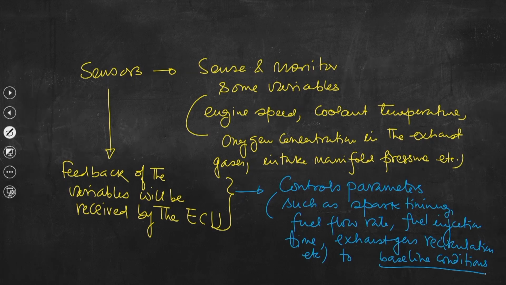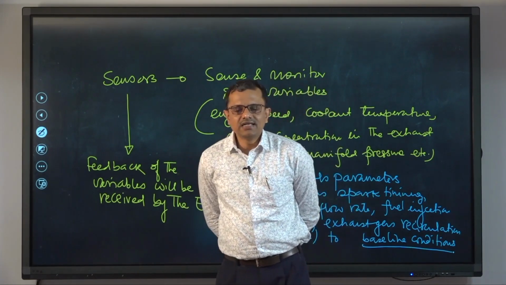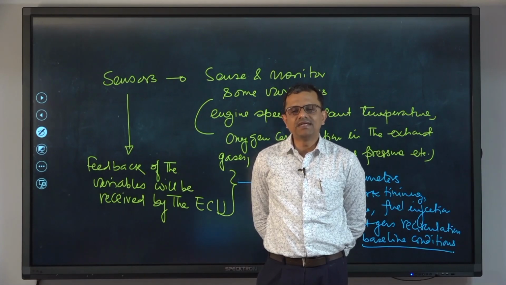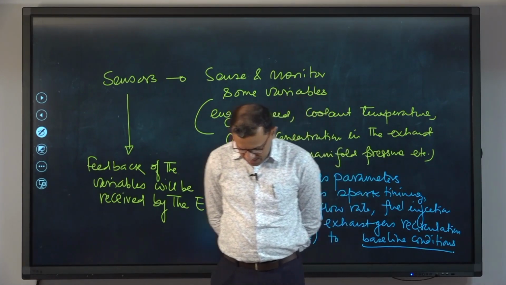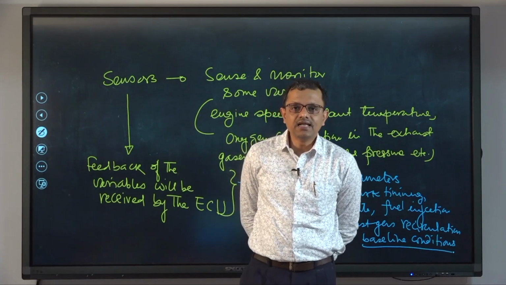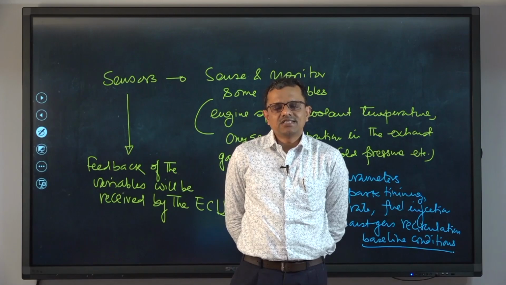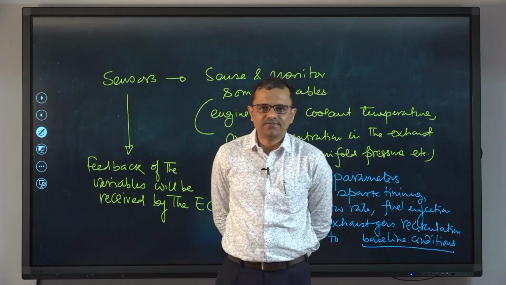Now, we all have studied that an internal combustion engine typically runs for a wide range of speed and load. If it is so, then during operation speed will change or load will change. This is quite obvious and intuitive.